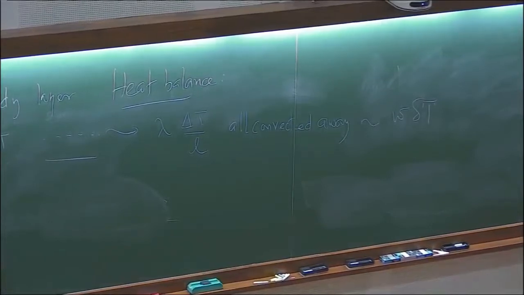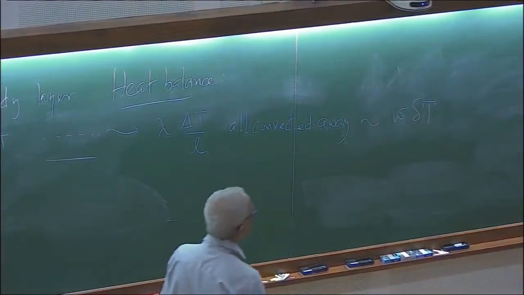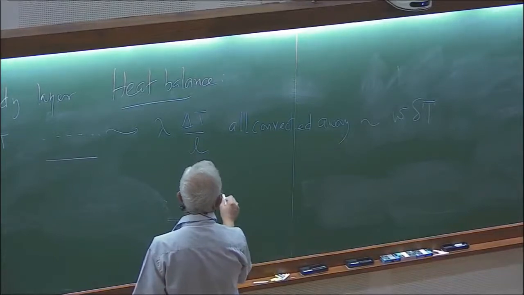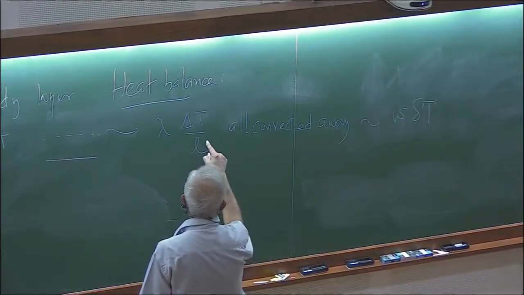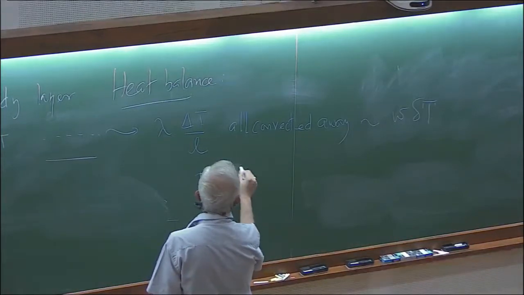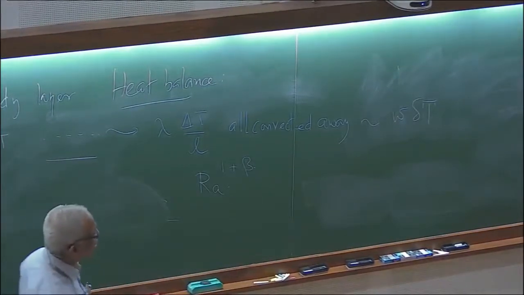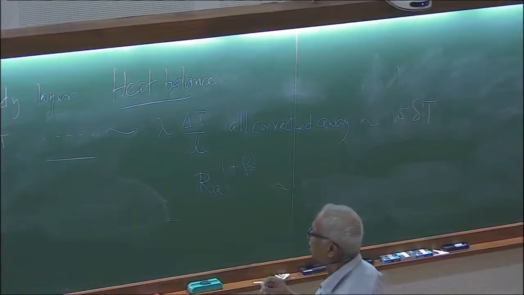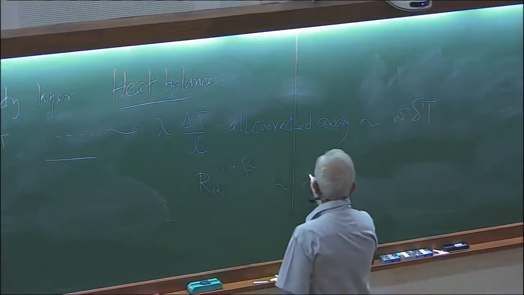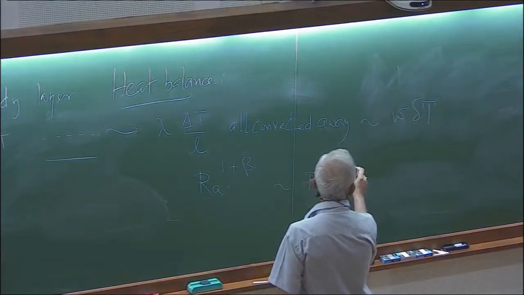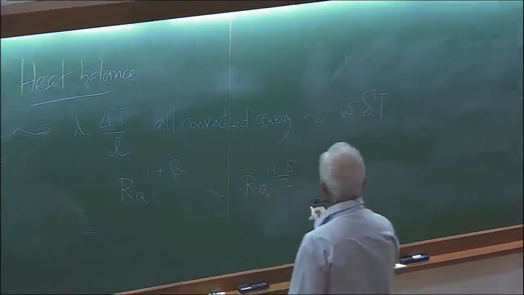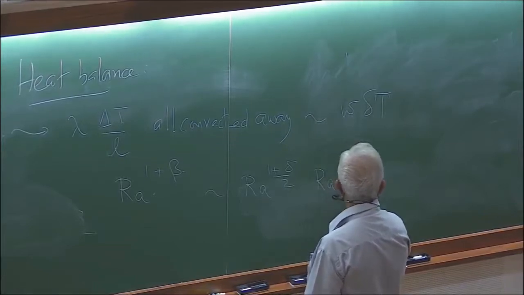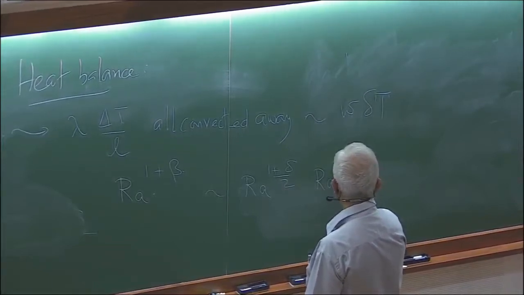So that's like W times delta T. So you have another situation where this is RA to the power 1 plus beta on this side, and this is W, which is RA to the power 1 plus delta by 2, and delta T over T, that's your RA to the power delta.